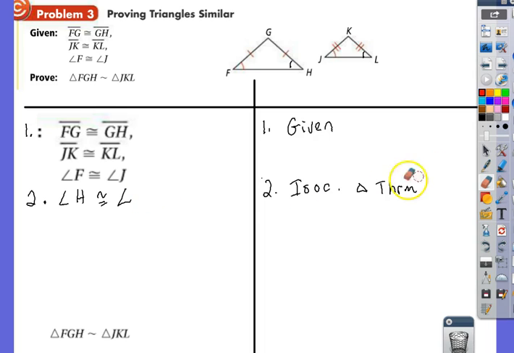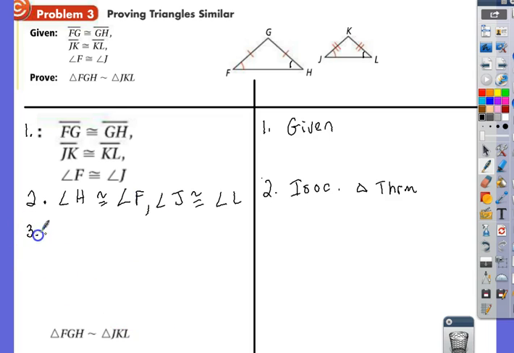Yeah, angle H should be congruent to angle F, and angle J should be congruent to angle L. And then you have to prove the triangles congruent. Right.